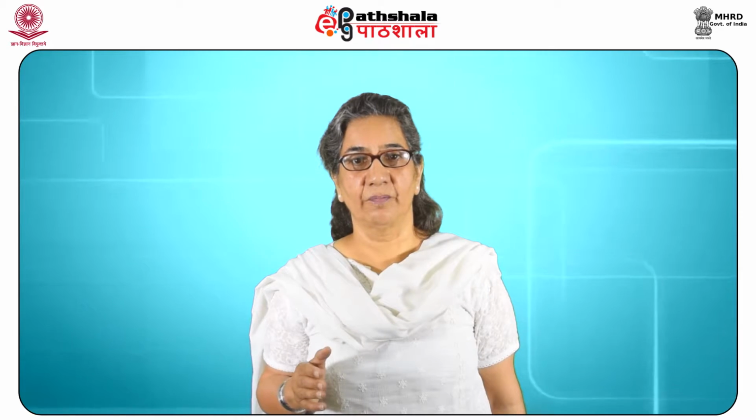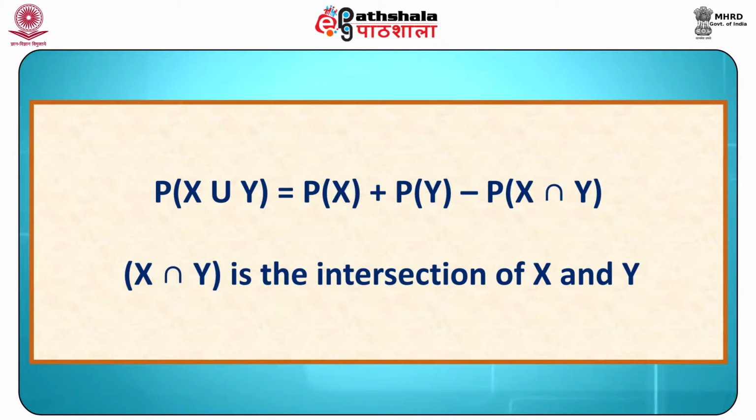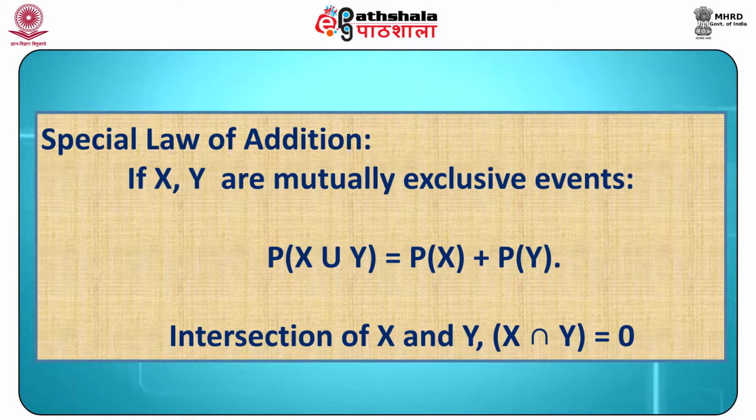General law of addition: P(X union Y) is equal to P(X) plus P(Y) minus P(X intersection Y), where X, Y are not mutually exclusive events and X intersection Y is the intersection of X and Y. Special law of addition: if X, Y are mutually exclusive, then P(X union Y) is equal to probability of X plus probability of Y.